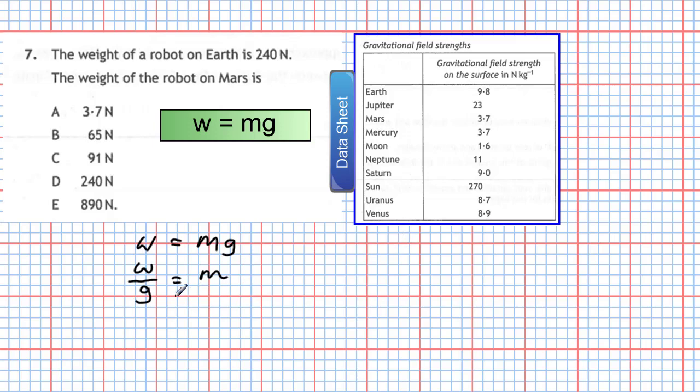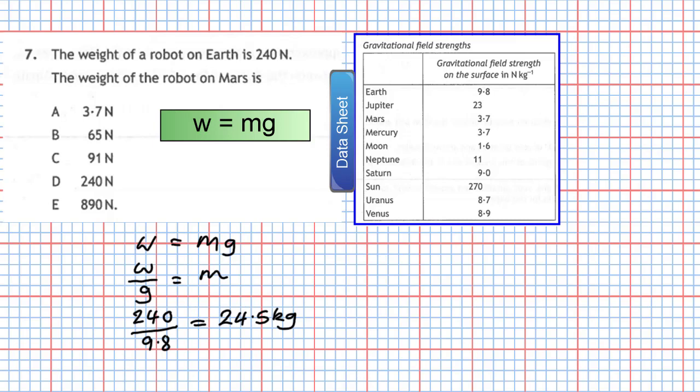So the weight on the planet Earth is 240, divided by the gravitational field strength on the Earth, which is 9.8, and therefore we get an answer for the mass. Do that with a calculator and we get 24.5 kilograms. So the mass of that robot is 24.5 kilograms.